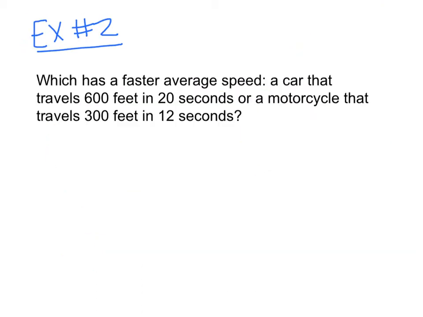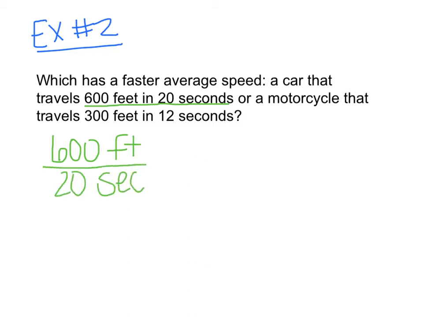Example number 2. Which has a faster average speed? A car that travels 600 feet in 20 seconds. So we have 600 feet, 20 seconds. Or a motorcycle that travels 300 feet in 12 seconds.